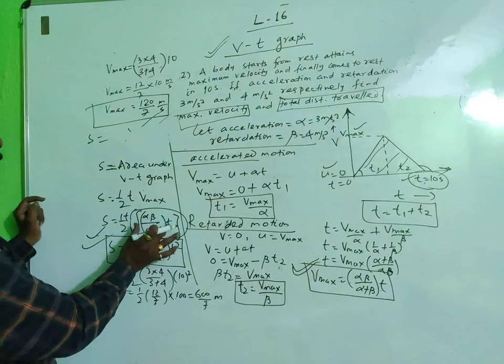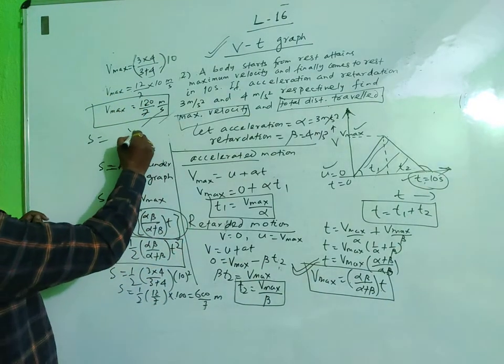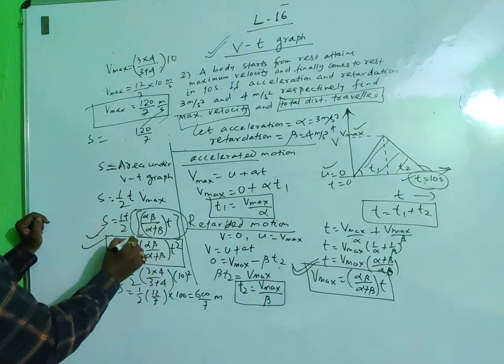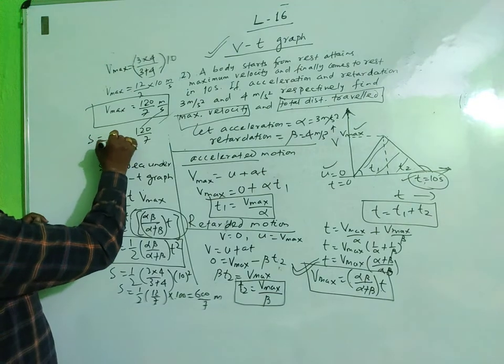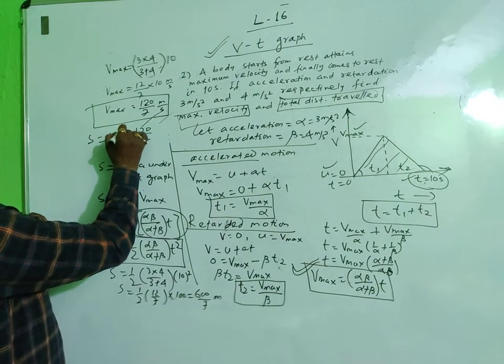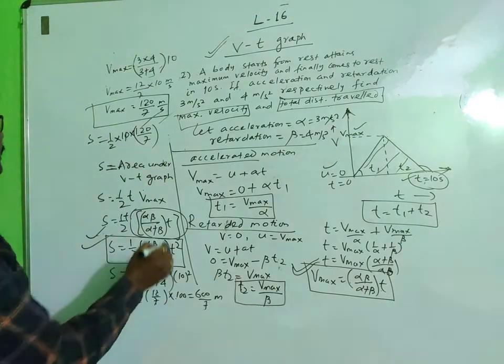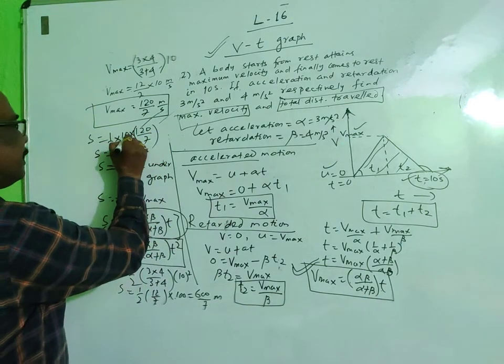And we got in this place 120 by 7. And before that, half into T. T is 10 into alpha beta by alpha plus beta. Then again let's match the answer.